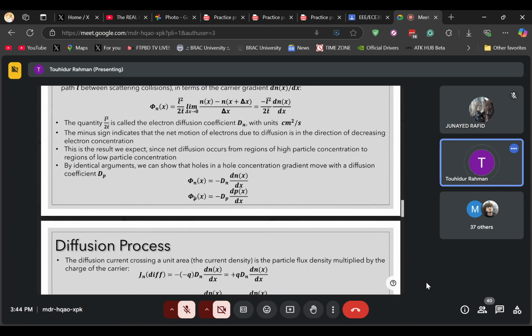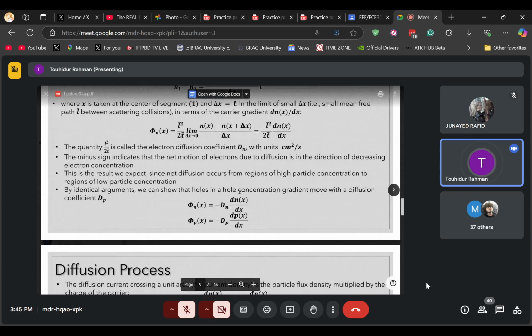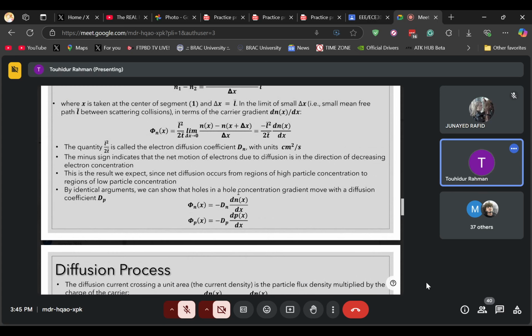Phi n, phi p, Dn, Dp. So both holes and electrons will have the same form of equation, not the same equation, the same form of equation for particle flow. Now, since there is a flow, there is a movement of particles, that means there will be current. So this is the total number of particles that will flow.